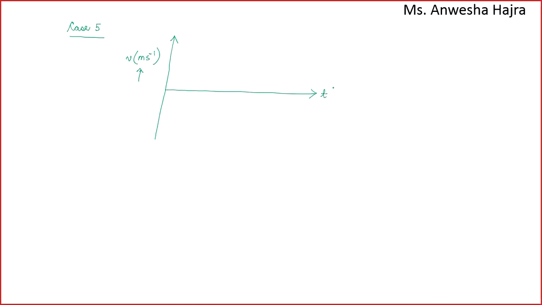This is time in seconds. Say you have a graph like this. Velocity is -2 meter per second. Say this time is 4 seconds.